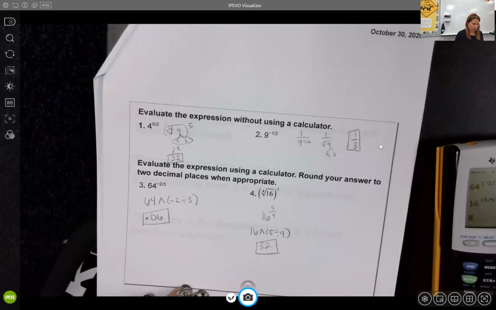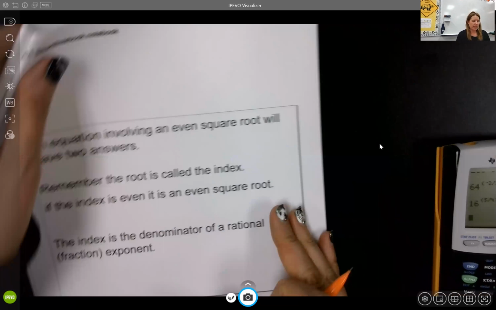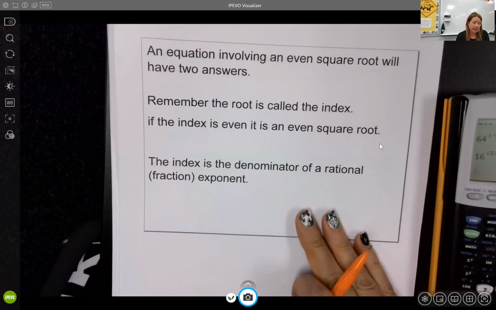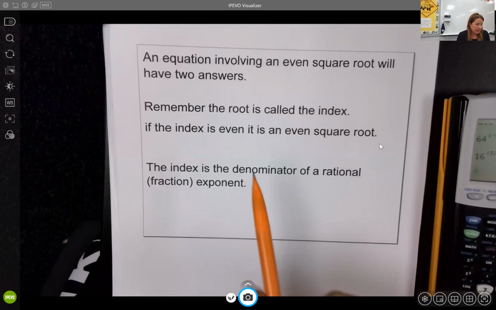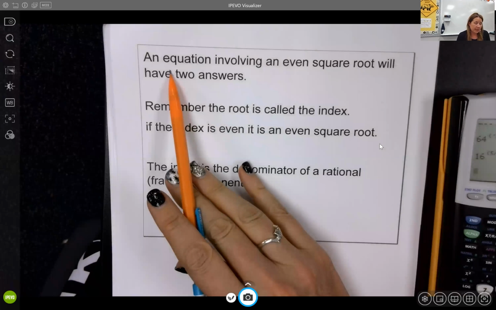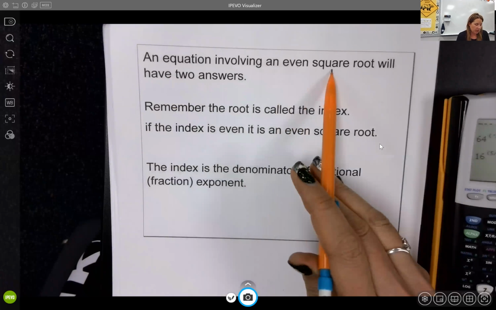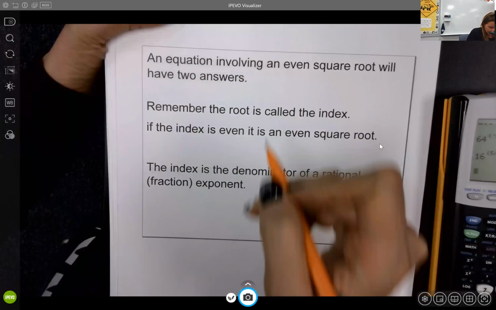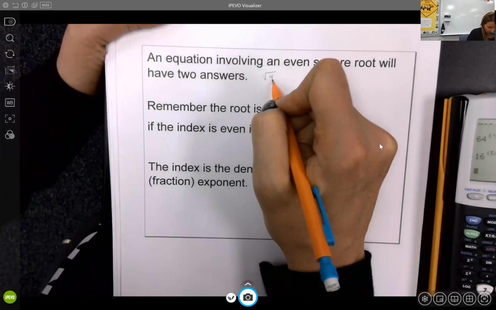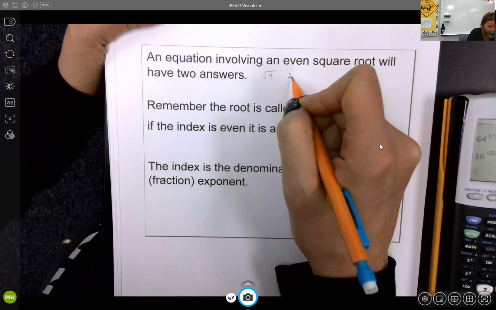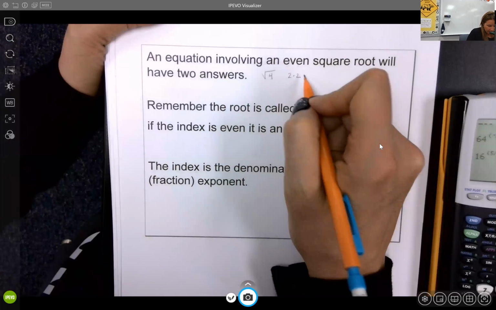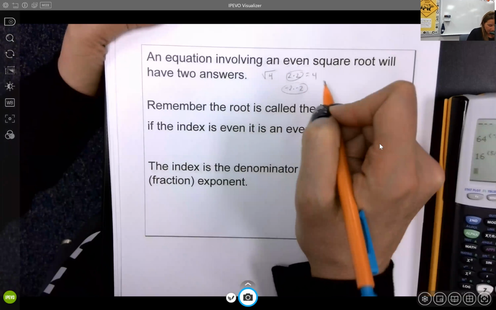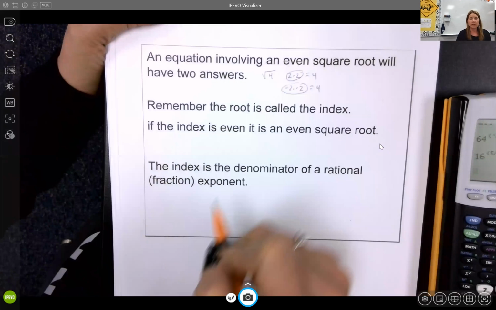Okay, just a couple more things. We're going to use the information that we just learned, and we're going to solve equations that have radicals in them, okay? So if the equation is an even root, then you're going to have two answers. Okay, let me show you why. When I take the square root of 4, I can write that as 2 times 2, and I get 4. Or I can write it as negative 2 times negative 2, and we still get positive 4, okay?